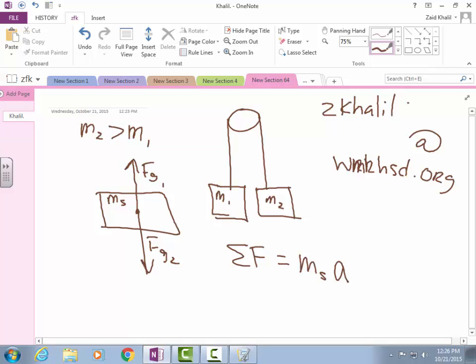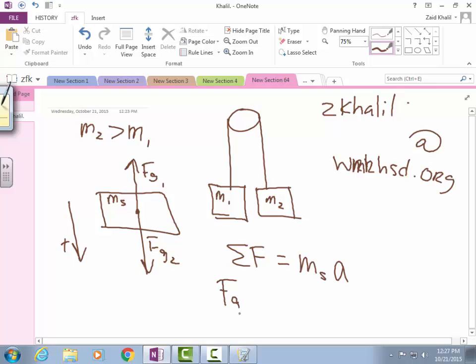This is in general an Atwood. This is not a problem. I'm showing you how you're going to actually solve systems on the multiple choice part of the exam. Because what's the net force here equal to? Well, what do you want to call positive? Let's call down positive. So what do you have?